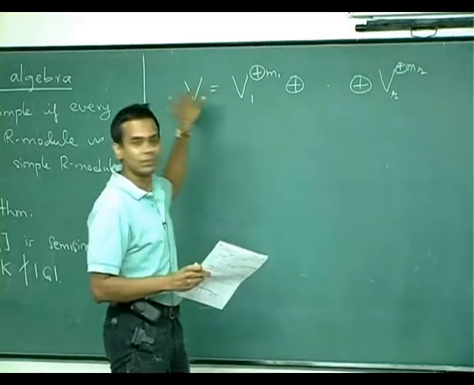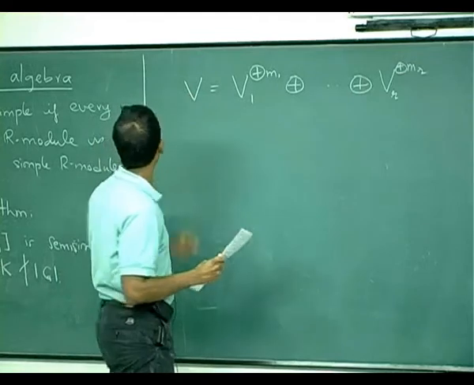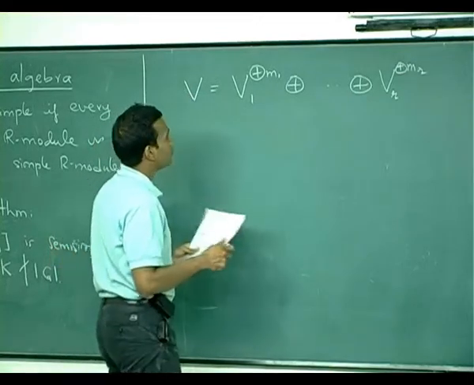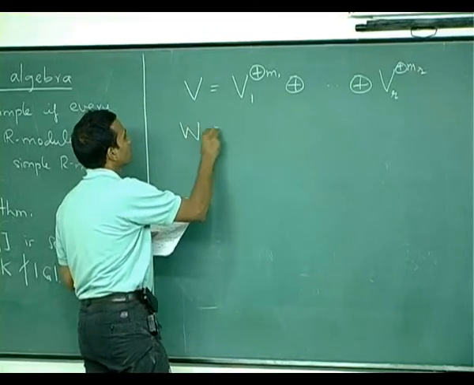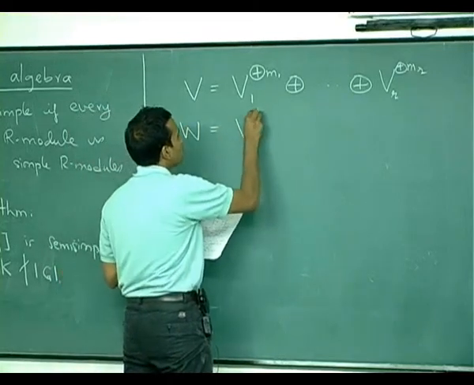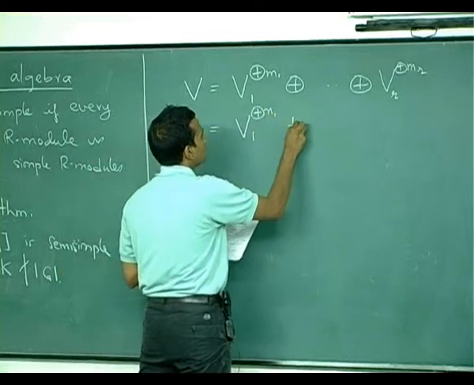So I know that I can do this when I have a module for a semi-simple ring. And suppose I have another one of these, W, which is V1 direct sum N1 times and so on.